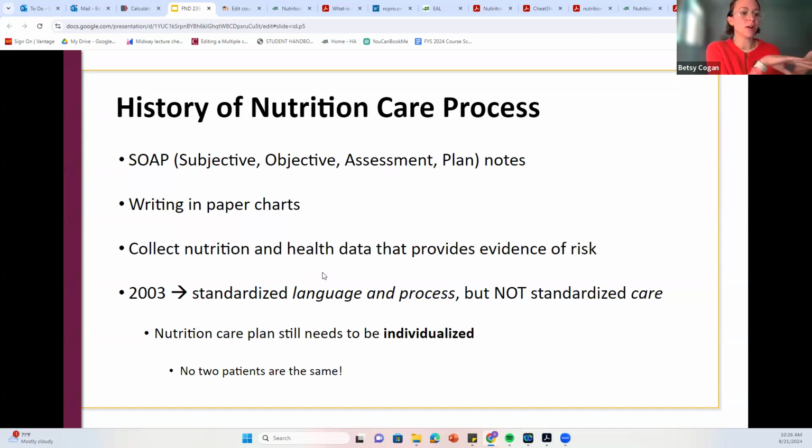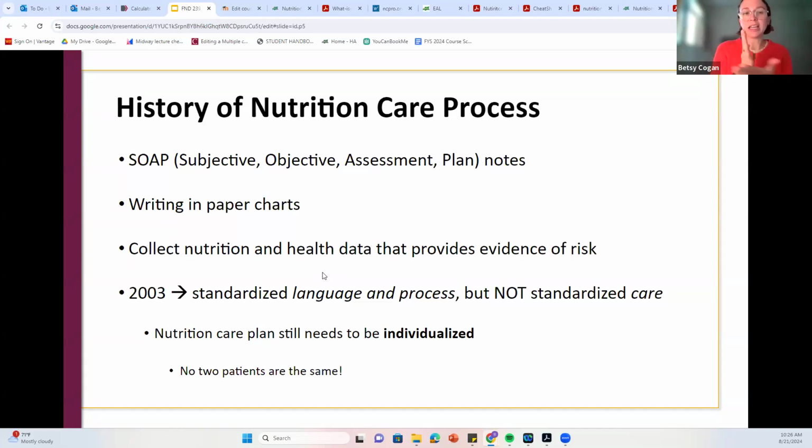So you can tell from here, right, this is really, really broad. The SOAP notes, people were commonly writing these down on paper. There was no electronic health system with note-taking. And so we've moved into the modern era where we are taking notes, sharing them on healthcare teams.